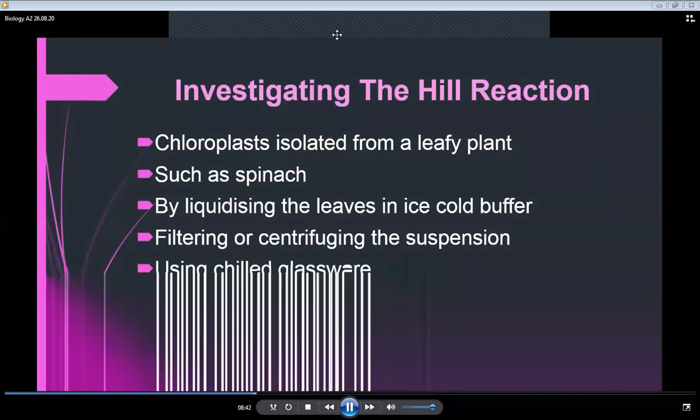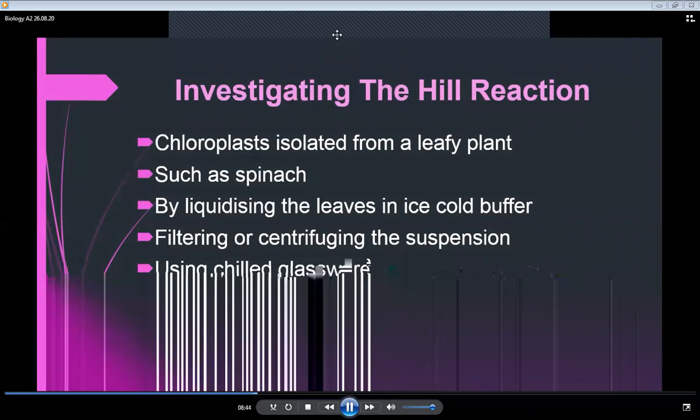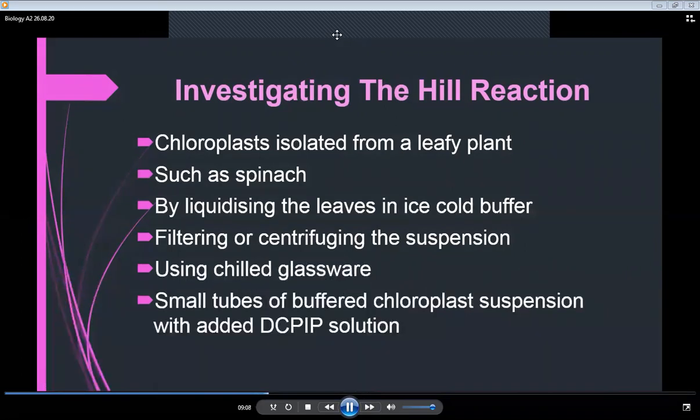we have to keep two things in mind while investigating the Hill reaction. First, we have to perform this investigation as quickly as possible. Secondly, wherever you read, you will see we have used this ice cold buffer. So it's a buffer solution kept at a very, very low temperature, a chilled buffer solution.